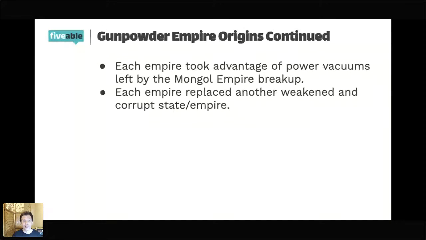Also, another empire that you're seeing in the breakup here is the weakening of the Byzantine Empire. That is going to cause some major difficulties for the Byzantines, but it's going to open doors for the gunpowder empires, for the Ottomans especially. So let's keep going.